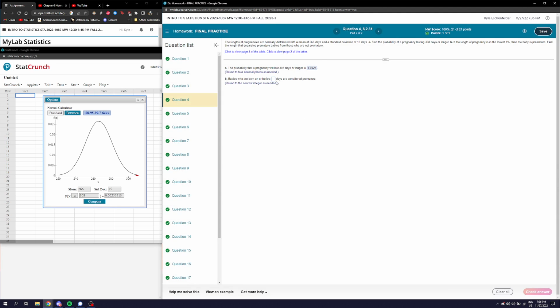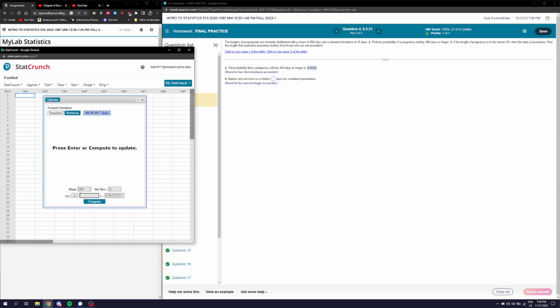This is question B, the lowest 4%. An easy way to figure out where to put the 4% is this: 308 is the days, and this is the percentage, and it gives us the percentage in the second part. So clear the days, put in the percentage, 0.04, and that's the amount of days.